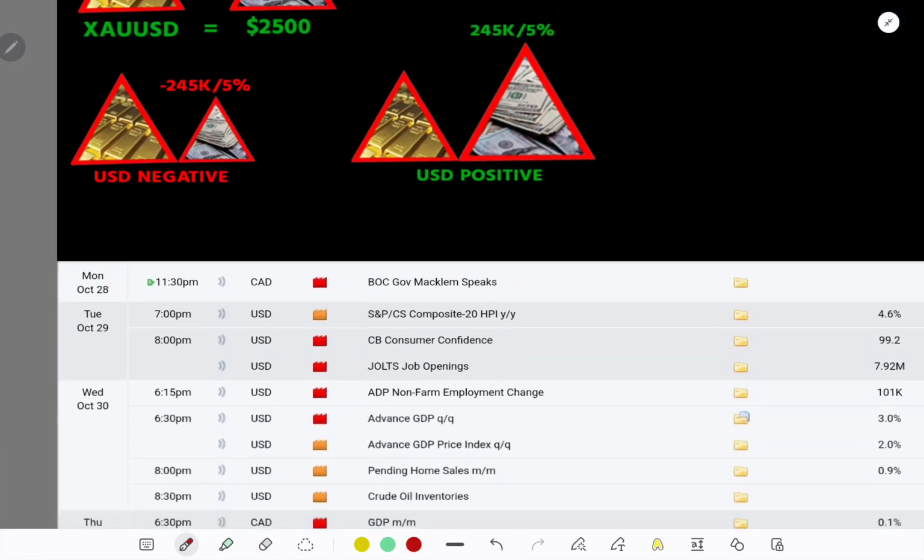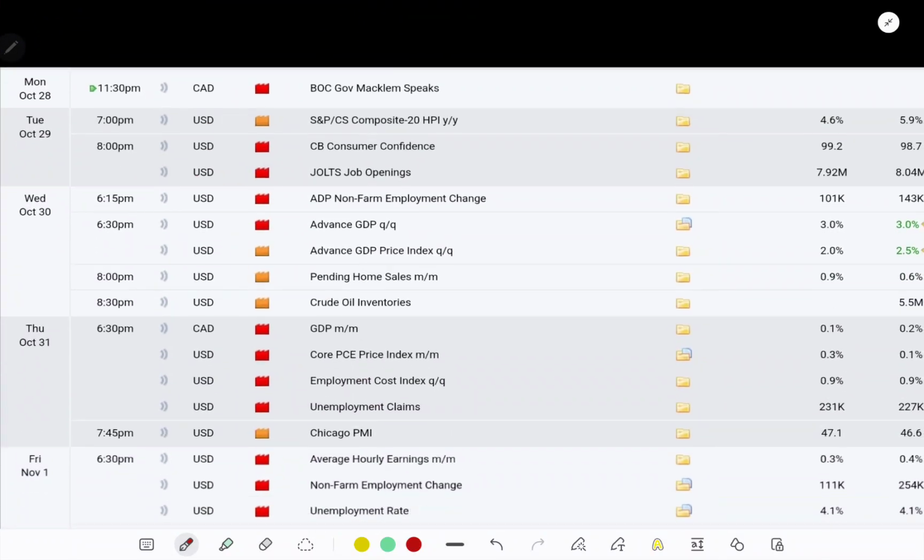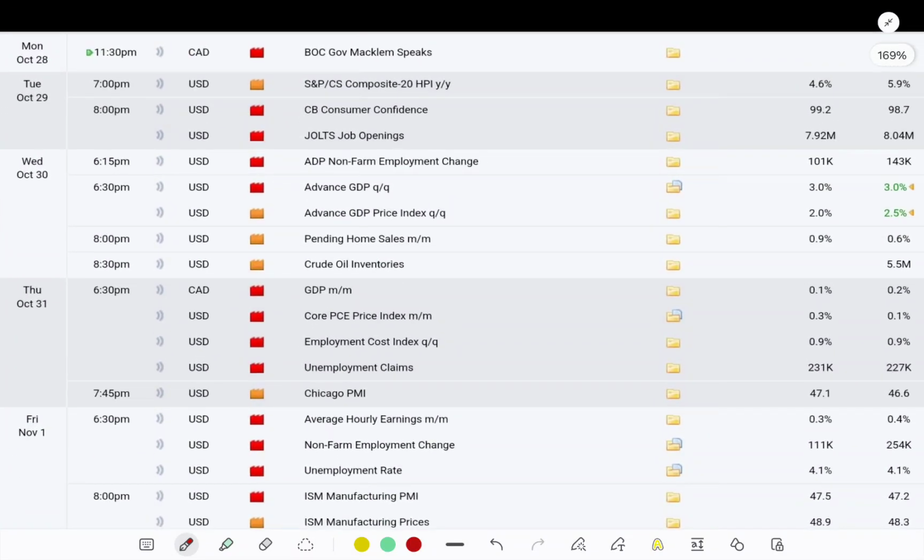So let's get back to the news chart on the market. As you can see, we have Monday, Tuesday, Wednesday and Thursday, and finally on Friday we have NFP news. We have NFP news on the first Friday of every month. November 1 is Friday, so we have USD NFP news on this date.